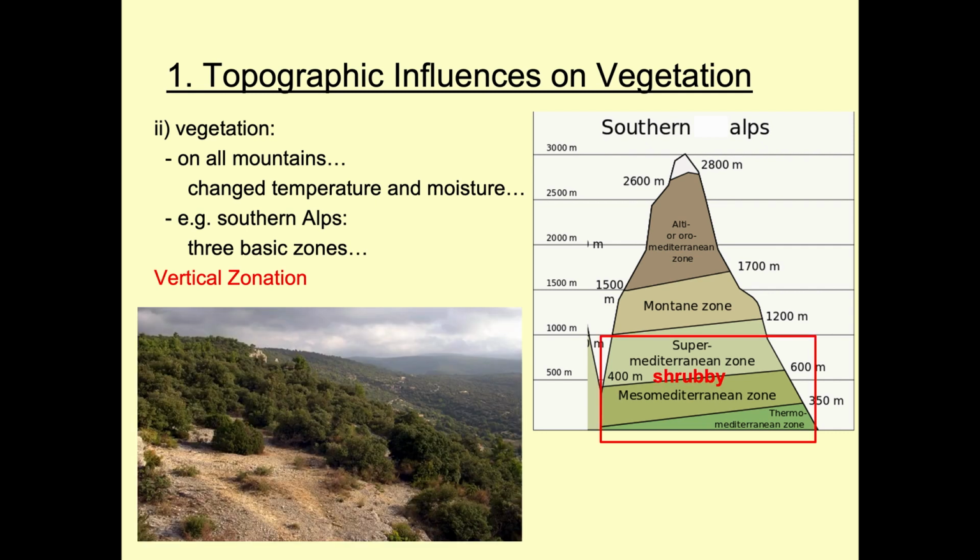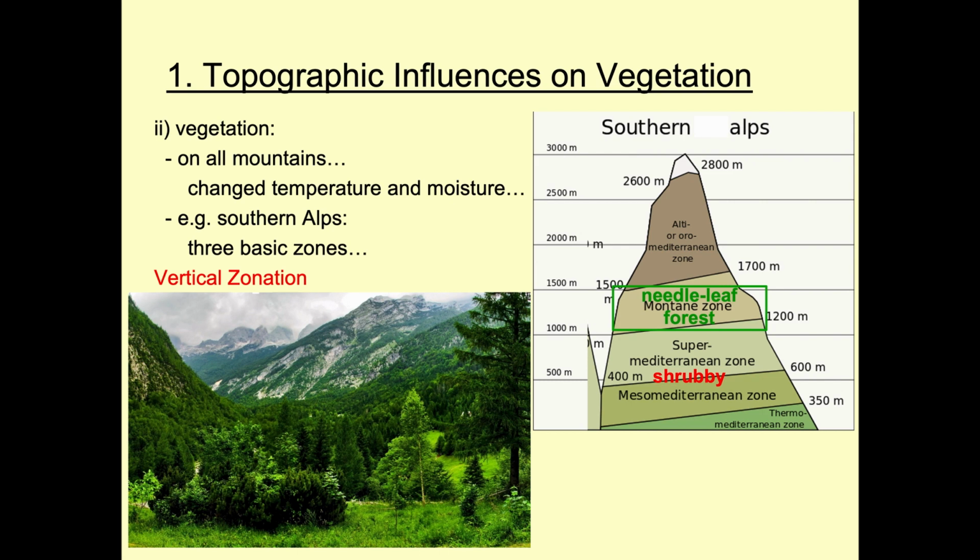So starting at the base of these Southern Alps, you're going to have these shrublands, these more arid climates that are dominated by these low-lying plant communities. As we move up, we have this montane zone dominated by needle leaf forests.